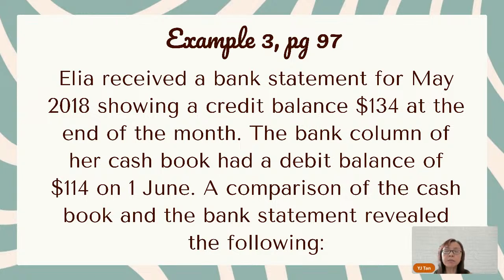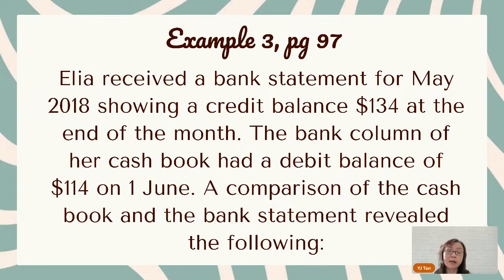So it means that it's an overdraft, a negative value. That means Elia is owing the bank 134. However, the bank column of her cash book had a debit balance, that means it's positive, of 114 on 1st of June. So it's different.